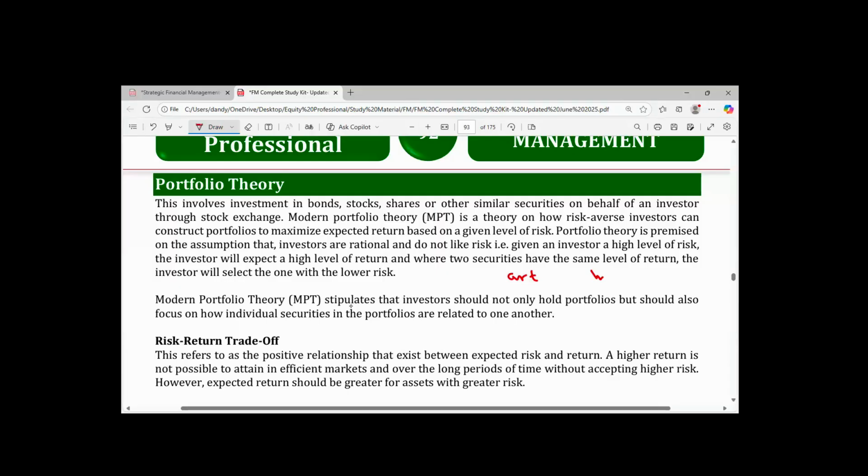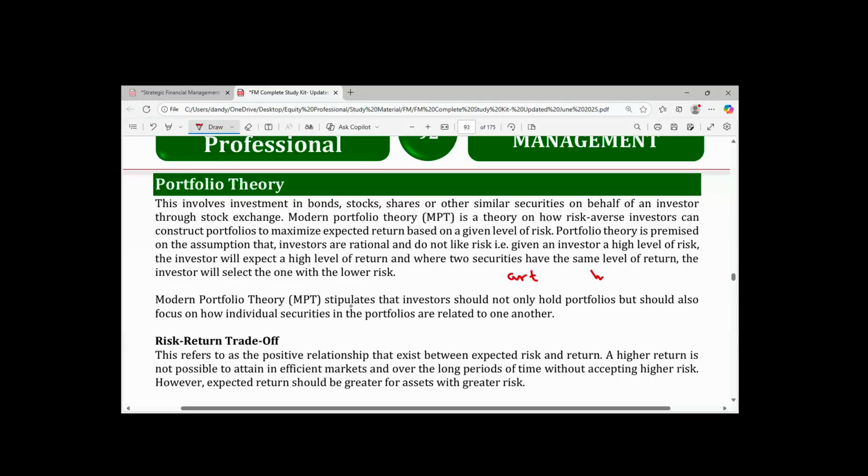Security A and B have the same level of return but different levels of risk. Therefore, since they have the same level of return but different levels of risk, such an individual will select whichever of the two securities, either A or B, has the lower risk.